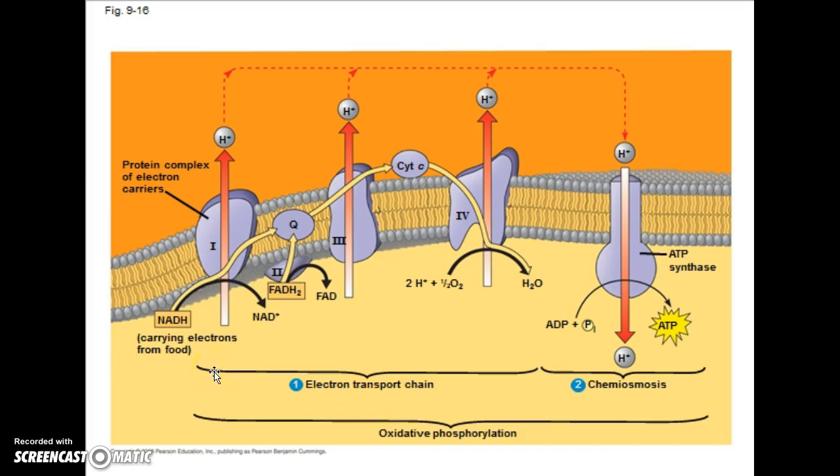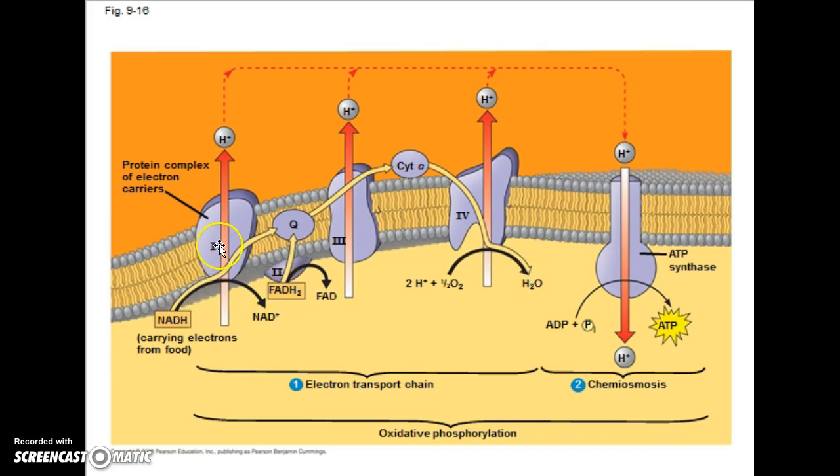Recall that in the electron transport chain, electron carriers, NAD and FAD, drop off their electrons, NAD one protein sooner than FAD. NAD will pass through each of these proteins by transferring from one cytochrome to the next down the line. It will eventually link up with oxygen to form water.